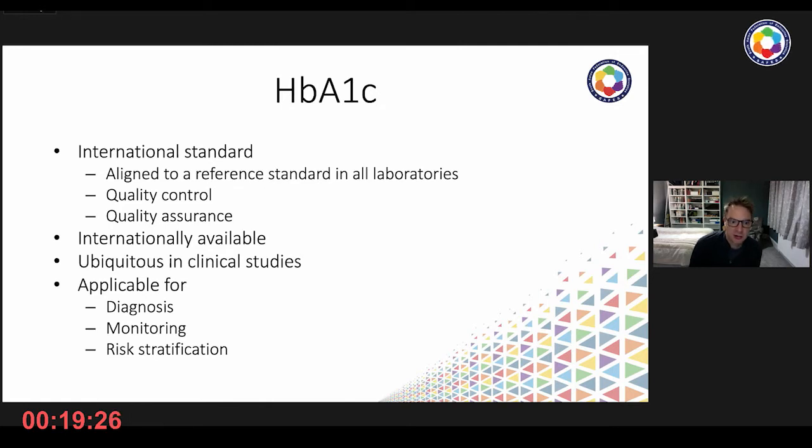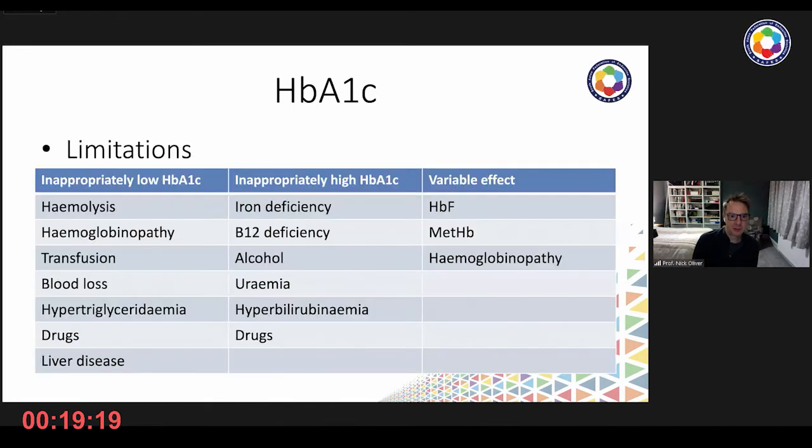It's applicable for diagnosis, monitoring and risk stratification, so it's a fantastic biomarker for people living with diabetes. But of course it does have limitations. In some circumstances it can be inappropriately low. In some, it will be inappropriately high, and some things have variable effects on it. And again, you'll all be very familiar with these limitations to HbA1c, and I won't go through the whole table.